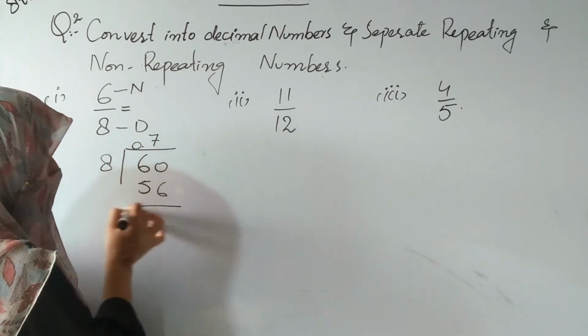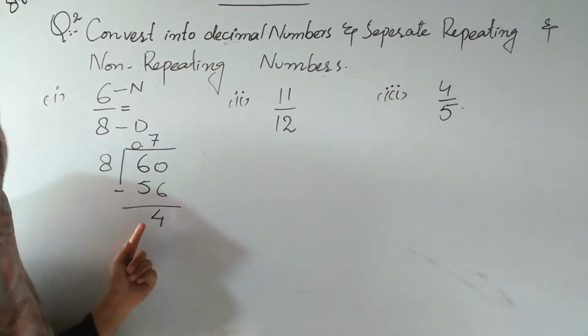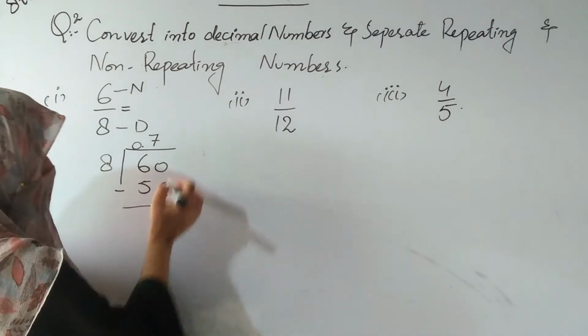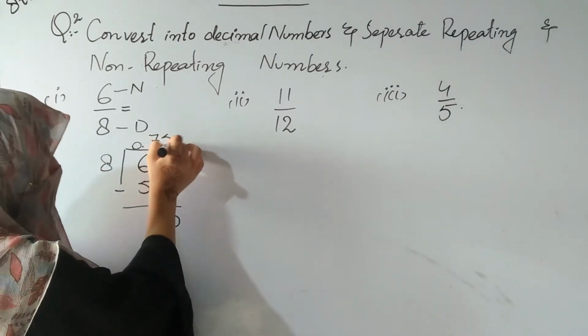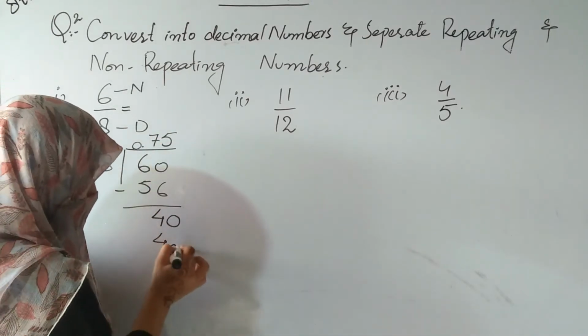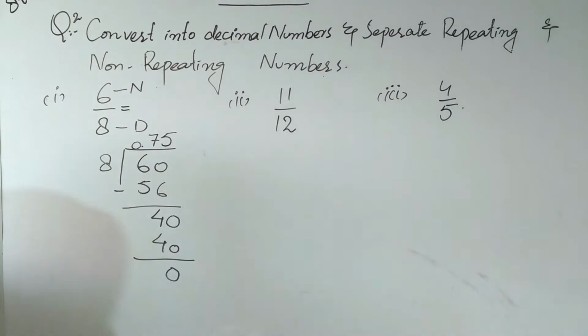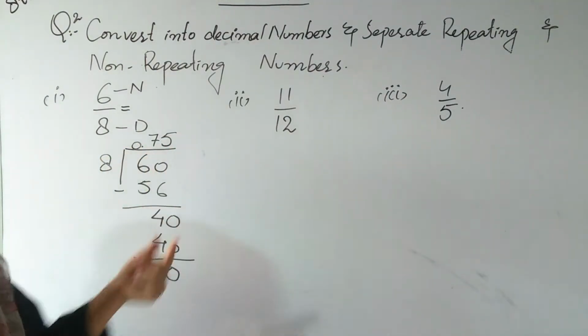56. The remainder will be 4. Now 4 is again less than 8, so add a 0 here. So 8 5 times 40. The remainder is 0, so our answer is 0.75.